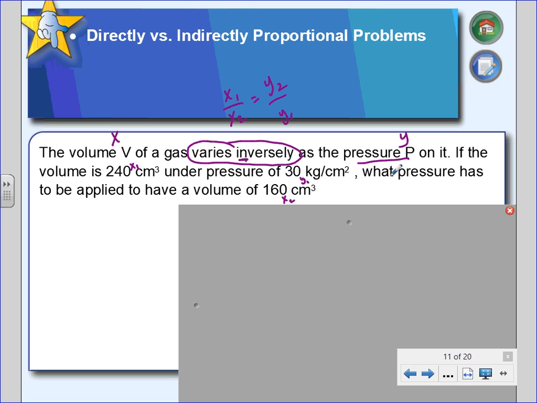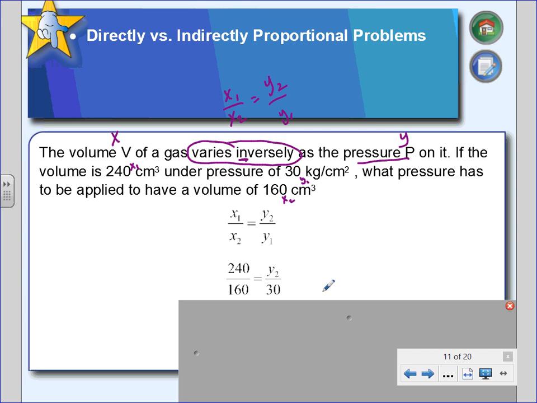So we're looking for y2. This time the variable will go up top. Now the units really aren't important until the very end, but we're putting x1 is 240 over x2 is 160 equal to y2, which we don't know, over y1, right here, 30 in the denominator.